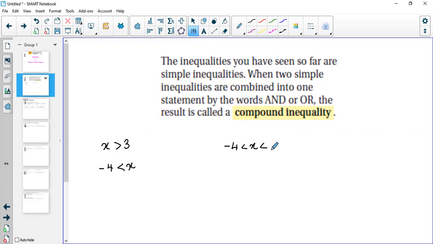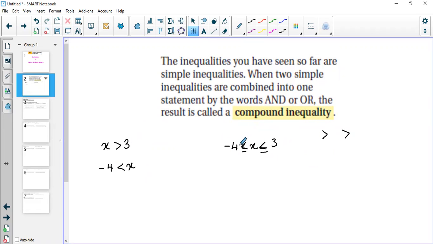It is always shown by using the less than sign, and this is how a compound inequality looks. Now this is not connected to the previous examples; I'm not writing these inequalities in this way. This is another example, just showing you how a compound inequality looks. It is always separated by the less than or less than or equal sign. We never use the other signs to show a compound inequality.